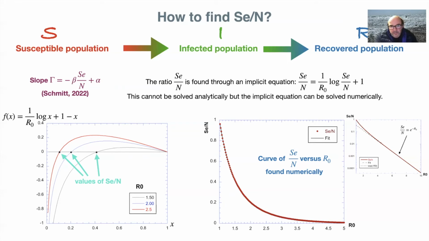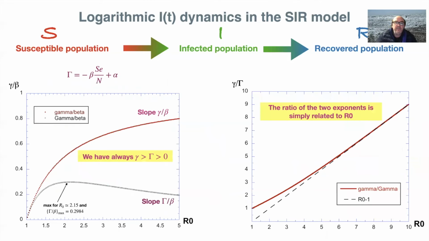This is what is called an implicit relation. It means that we don't have the analytical expression of this curve. What we know is that for large R naught values, it reaches an asymptotic expression, which is an exponential. But what is interesting here is that we can find this curve numerically, at least.